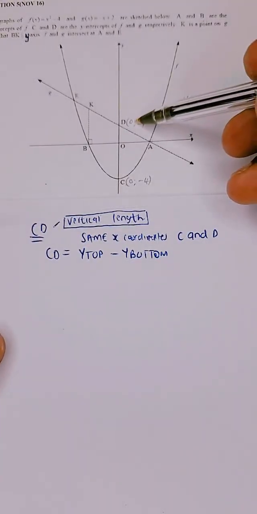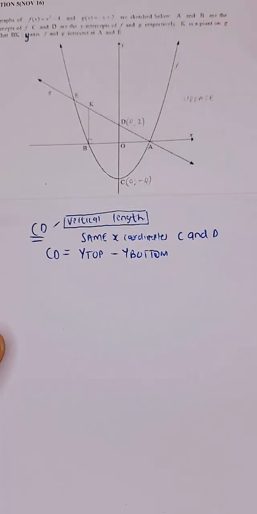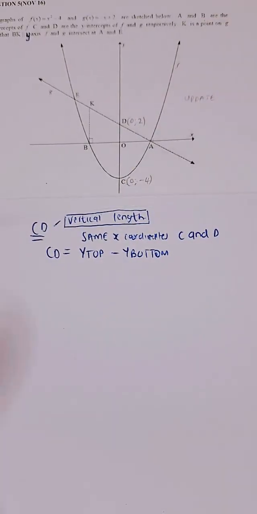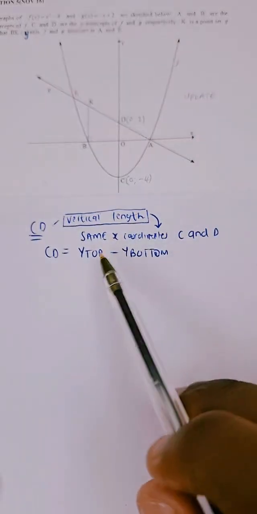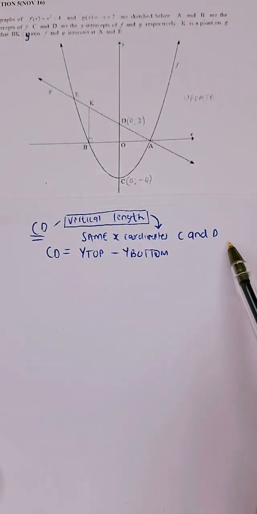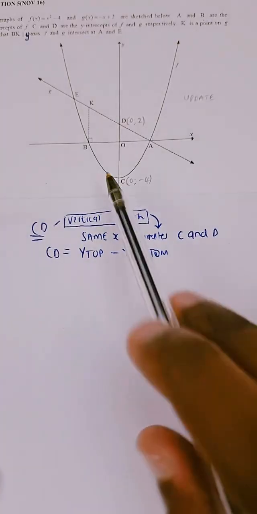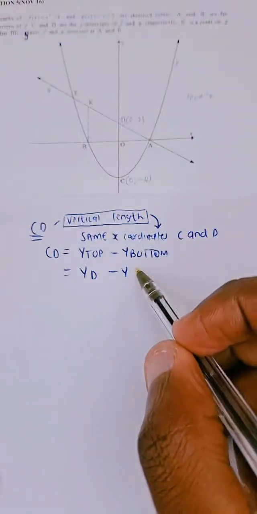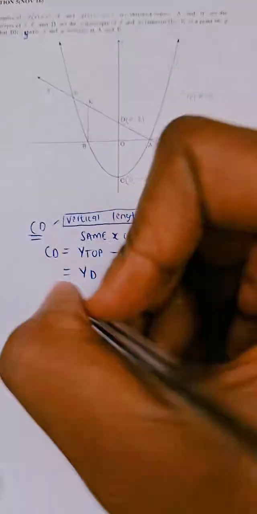You can see the x coordinates, 0 and 0. When you have such, it means that your line is a vertical line. If your x coordinates for given points are the same, then you know you are calculating the length of a vertical line. That's how you know that this is a vertical length, because you have the same x coordinates, C and D. So you take y at the top, which in this case is the y coordinate of D, minus y at the bottom, which is the y coordinate of C.